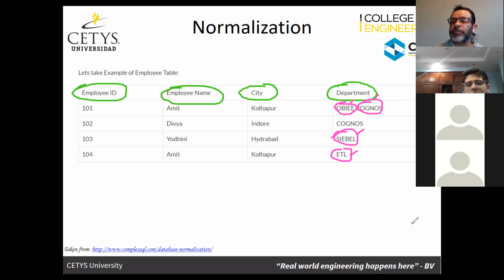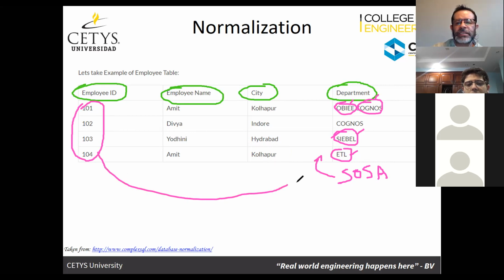What if I create a new department that doesn't have any of these employees assigned to it? I'm going to add another department called SOSA. Well, I can't update this department into the database because none of these employees are assigned to this department. So where do I put it? You see that? That's an updating anomaly.